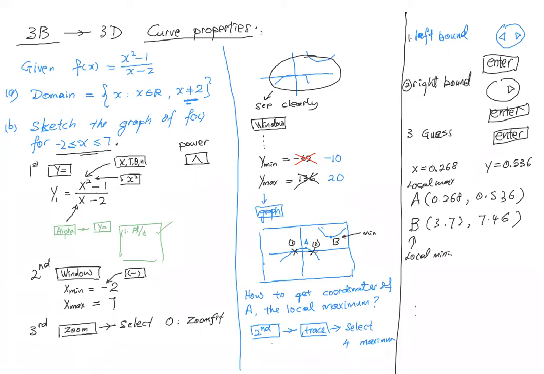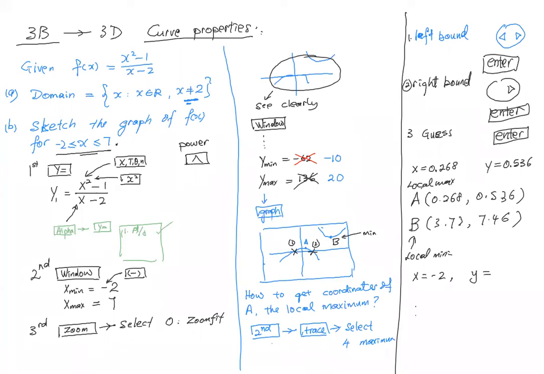Okay, then you have to know that when x equals -2, what is your y? So how to do this? Wei Hao, how to do this? If I want to know y when x equals -2, how to do it?